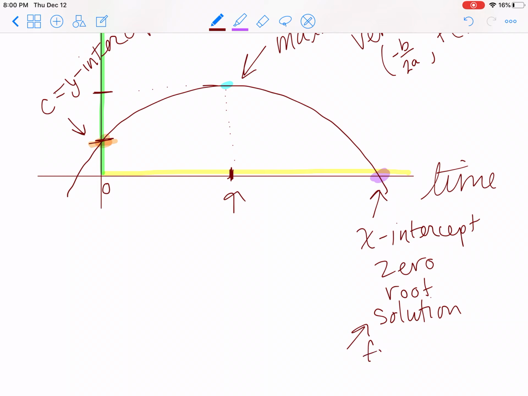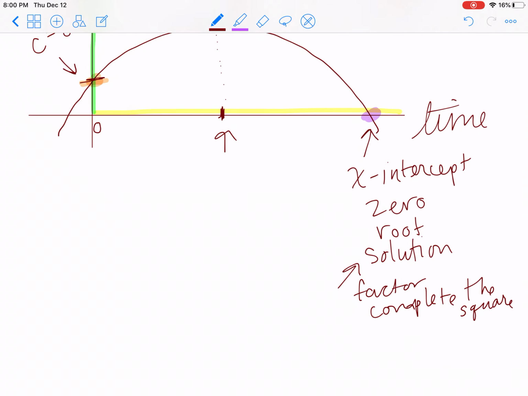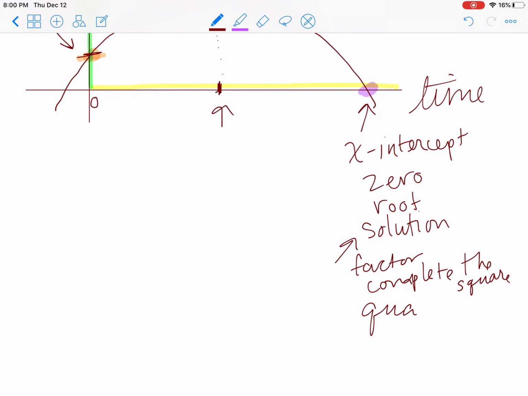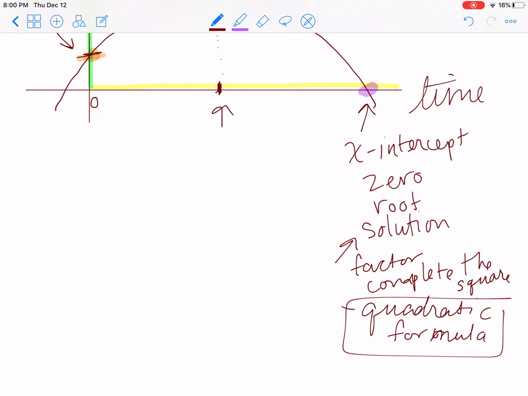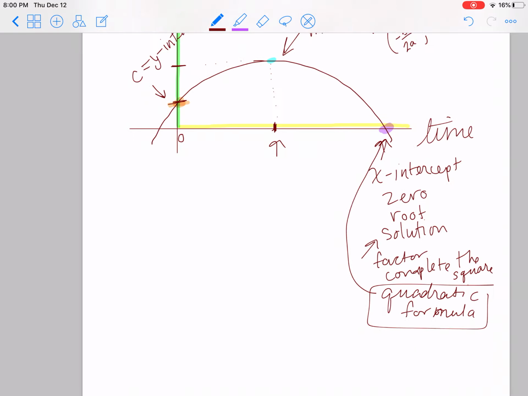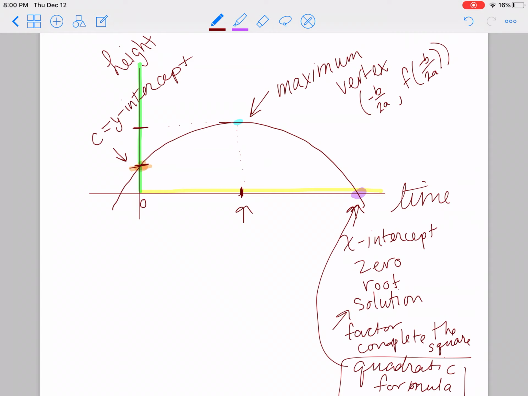We can factor, take the square root, complete the square, and probably the one that we'll use most often today, sorry about that, is the quadratic formula. So when we want to find how long it takes for something to hit the ground, which is often what the story problem is about, then the quadratic formula will help us to find that.